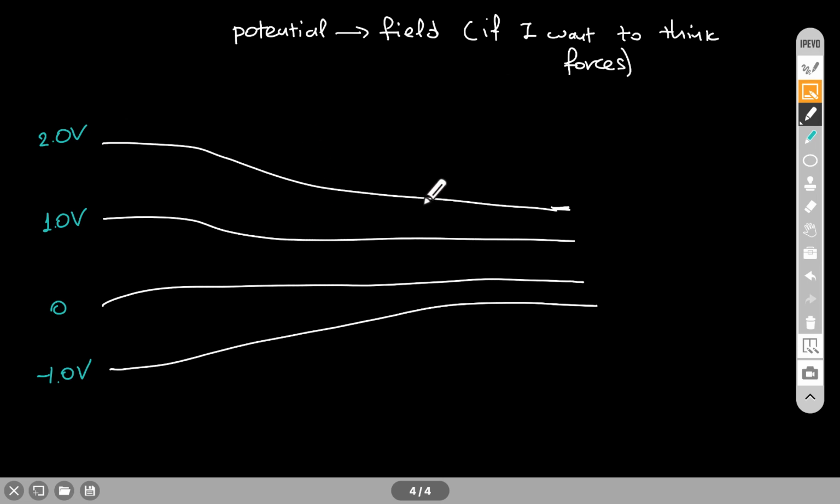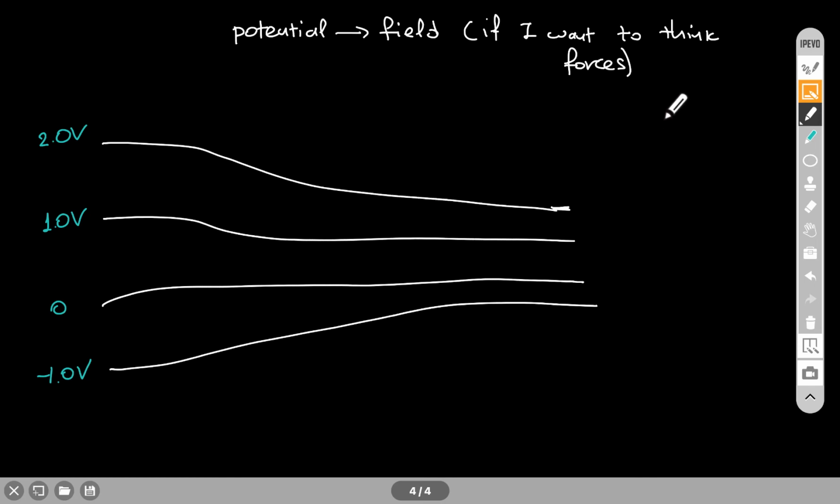If I'm looking at the equipotential lines and I need to see what the forces are, then I have to go from potential to field, and from the field I can use the force equals Q times E to think about the forces. So this is when this process is useful.